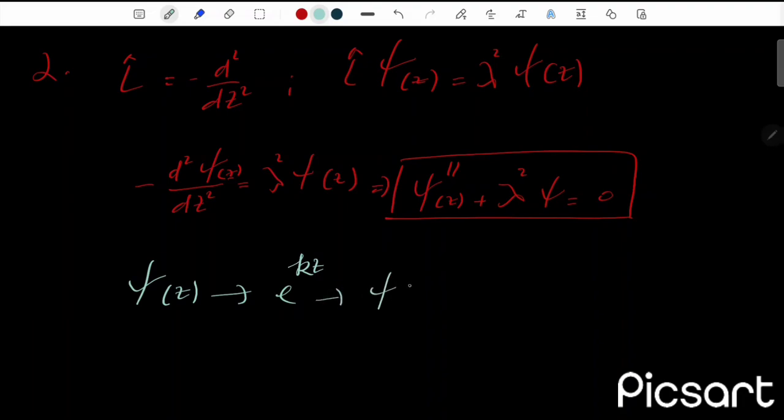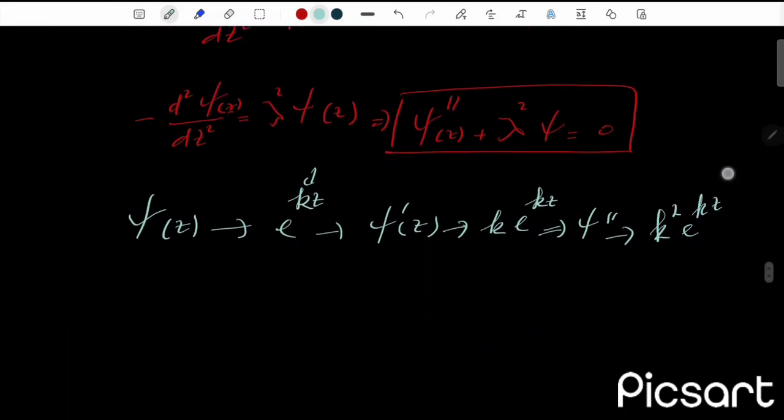And here the first derivative of this is k times e to the power k times z, where k is a constant, and the second derivative is k squared times e to the power k times z.